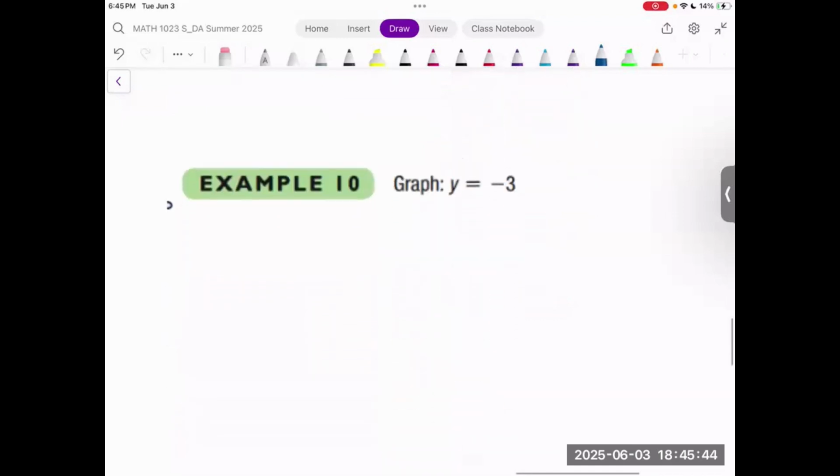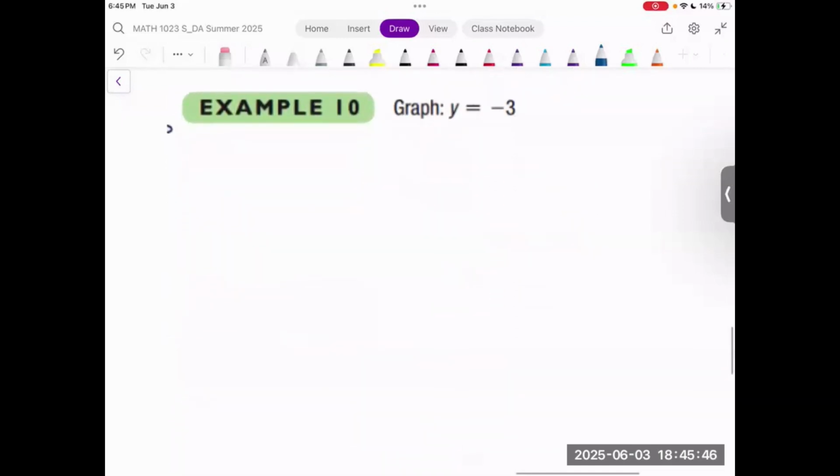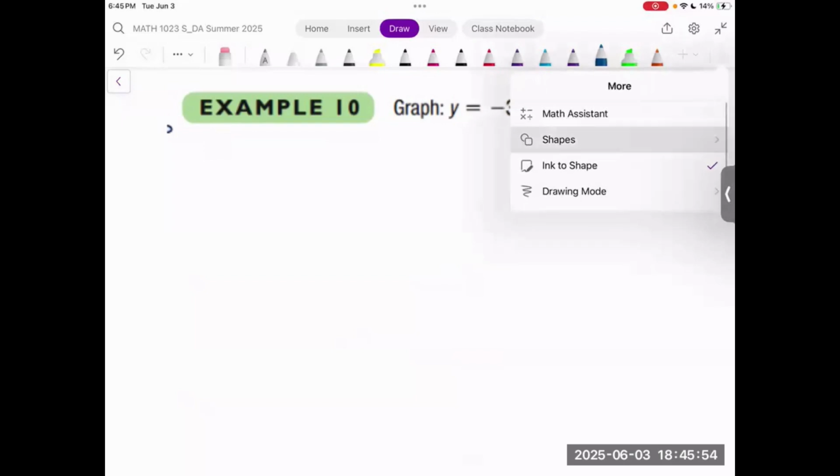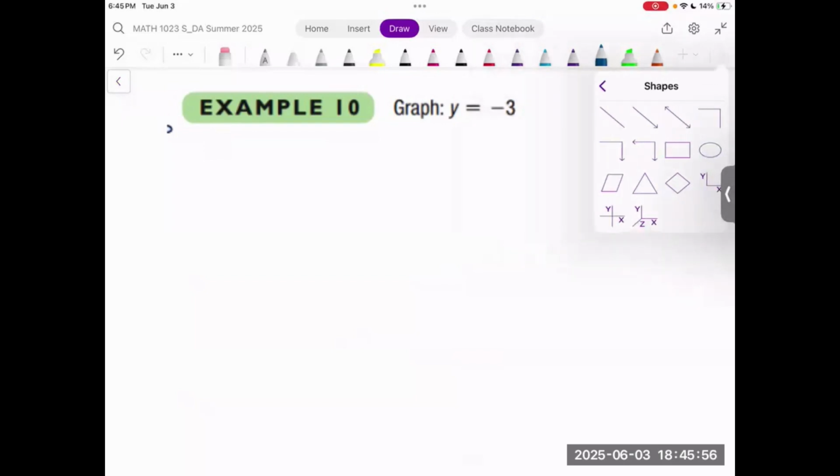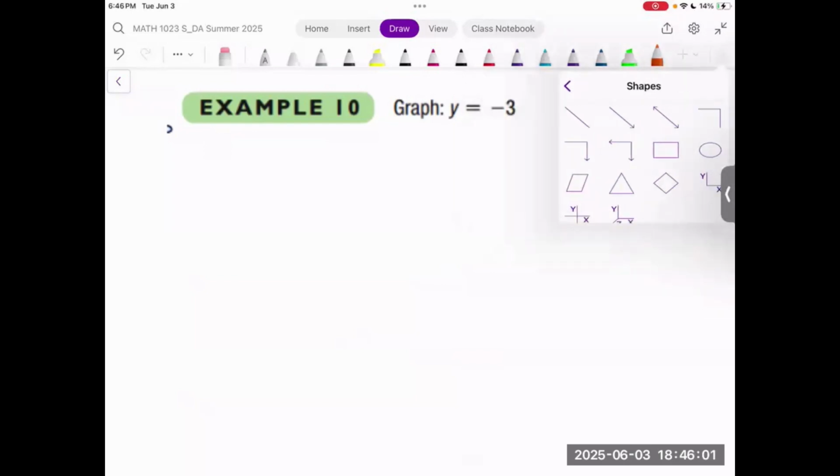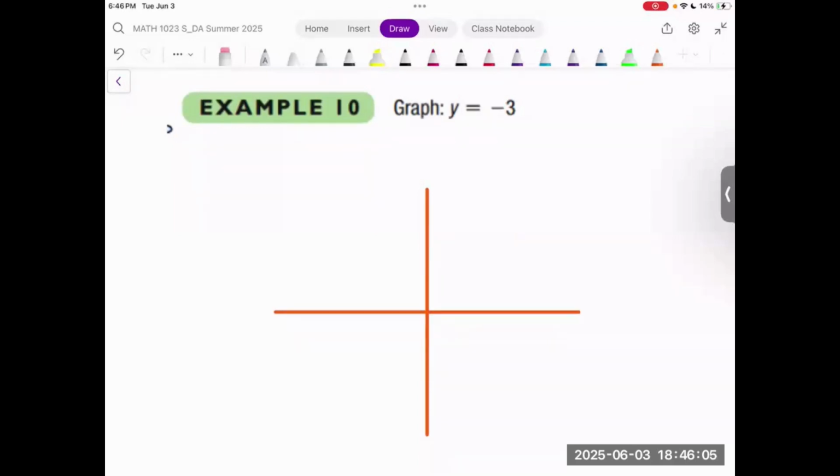For the next one, y equals -3 is the same way, right? So what you're going to do is label x and y's, and then you're going to look for y equals -3.